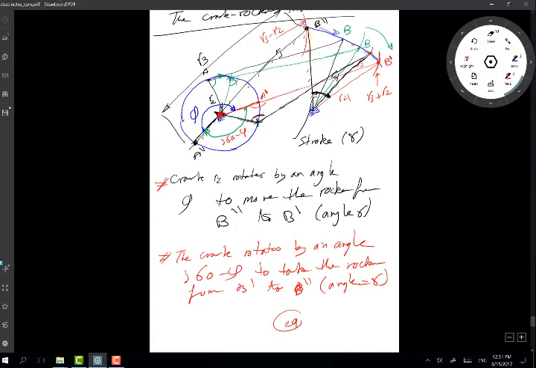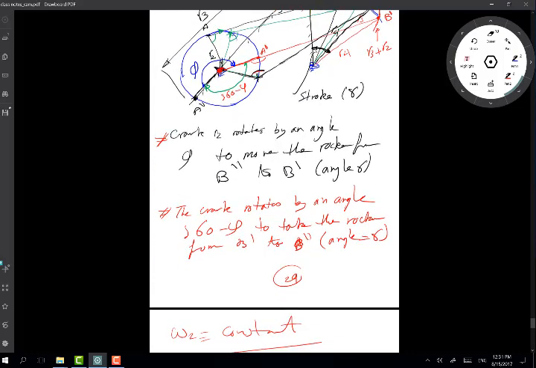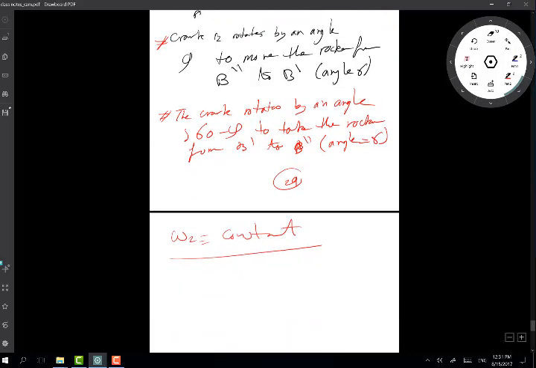So then, which means I have two different times here. I have a time which corresponds to phi motion, let's call this t1.